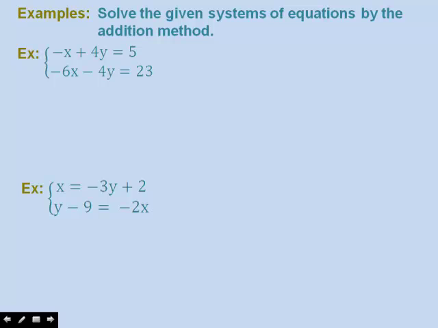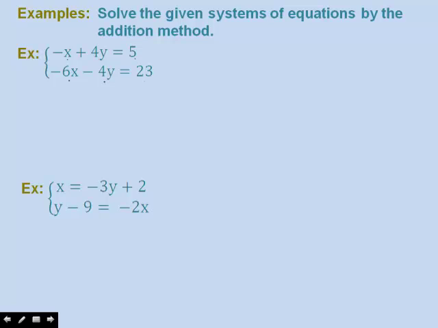Here are some examples. The first thing to do when using this method, again, is to make sure that your variables and constants are in the same positions in each equation. So if we look at our two equations, we have our x terms first, and then our y terms, and our constant terms are on the other side of the equation. So these are already all lined up for us.